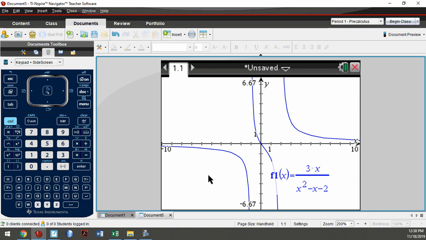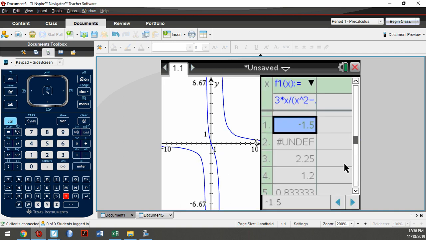Okay, now, does everybody see that's my graph? Now I want you to simply hit Control T. What you want to do is pull out all the x values that are really easy to graph. So what are some really easy x and y values to graph here?